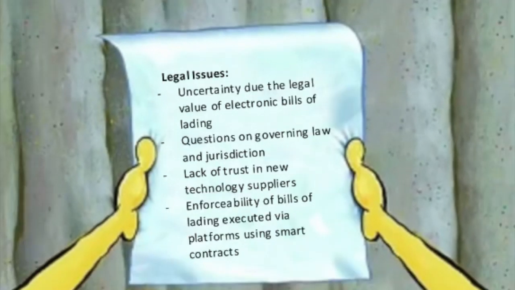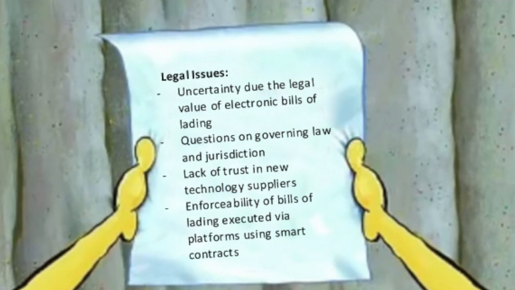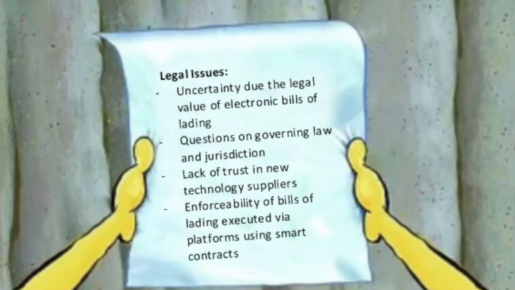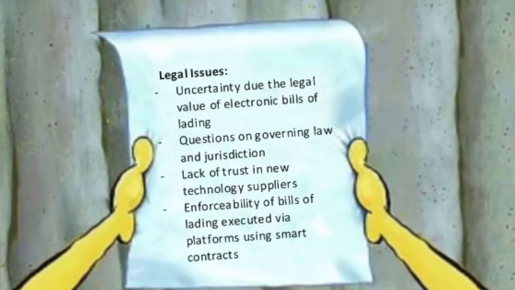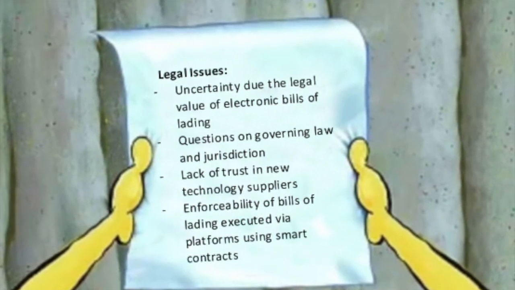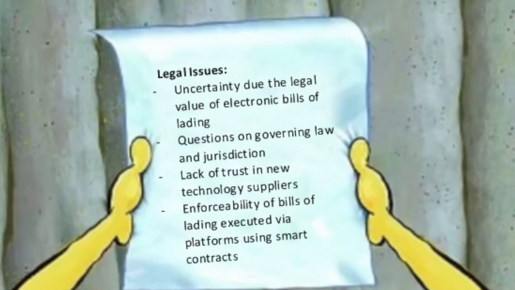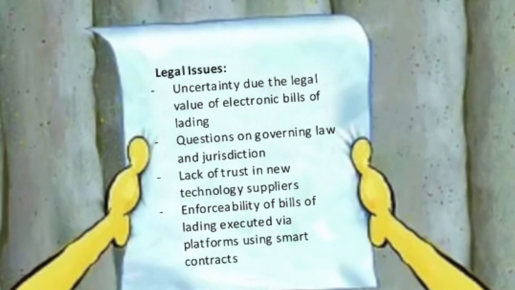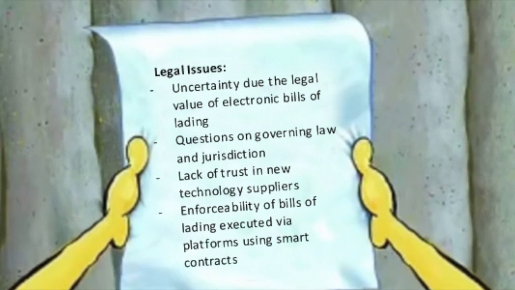As regards the legal issues, electronic bills of lading have existed for a number of years with readily available platforms for their use, but these have not been so well received owing to uncertainty concerning the legal value of electronic bills of lading. This can be attributed to the lack of a legal infrastructure to support the use of the electronic bill of lading.